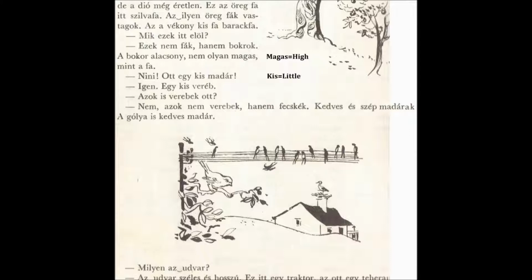Madár, it's a bird. So Nini, there is a little bird. Igen, egy kis veréb. Yes, it's one little veréb, which was a sparrow. Sparrow, veréb.